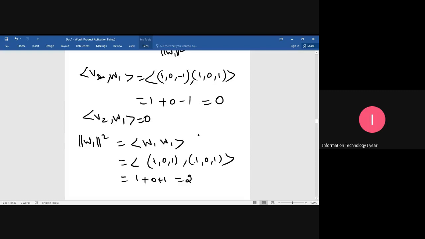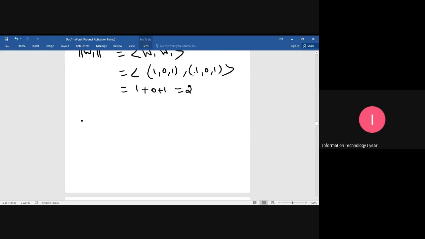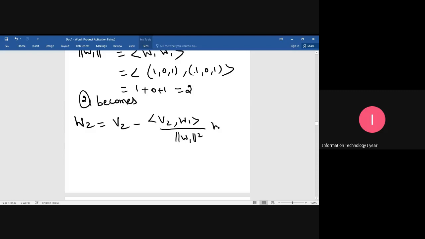Now we can write the value of W2. Equation 2 becomes: W2 is V2 minus the inner product of V2 comma W1 divided by norm W1 square into W1.